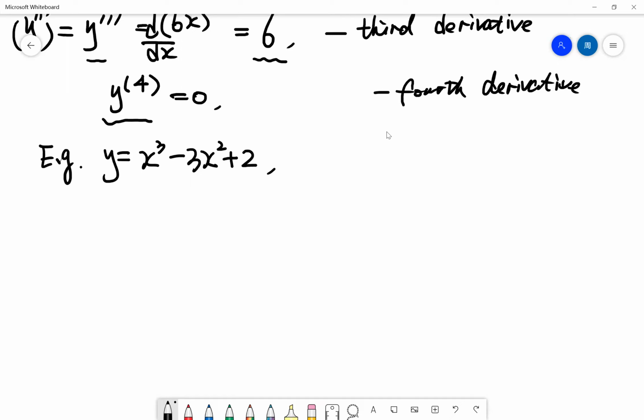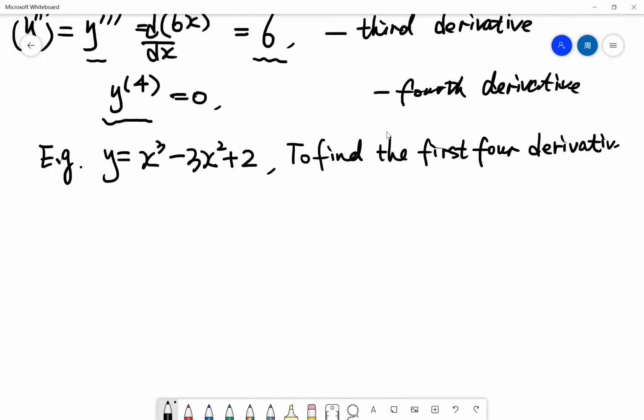I want you to find the first 4 order derivatives. So complete the question here.